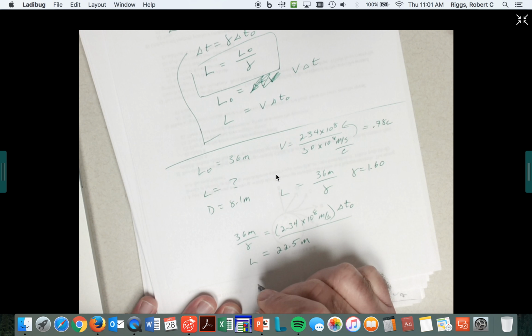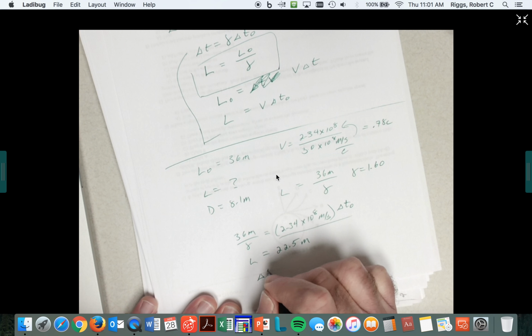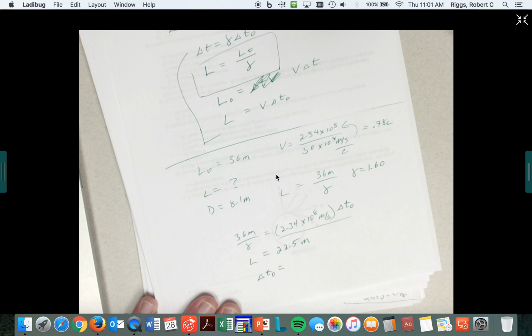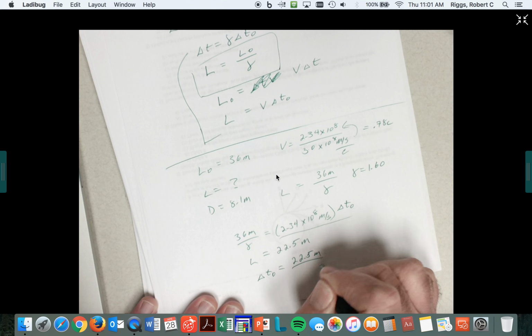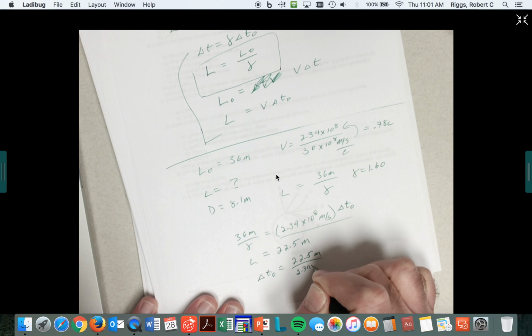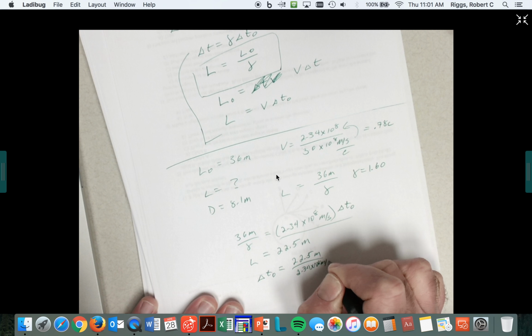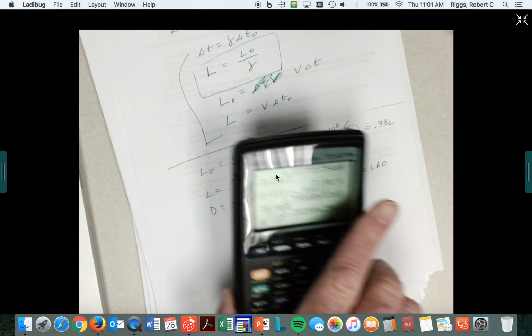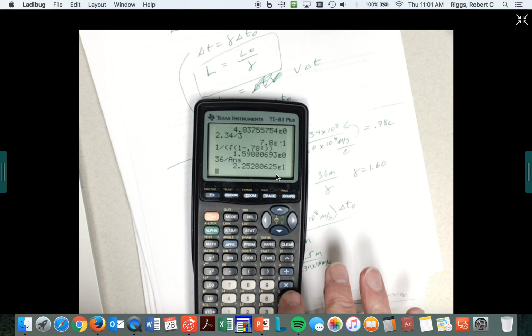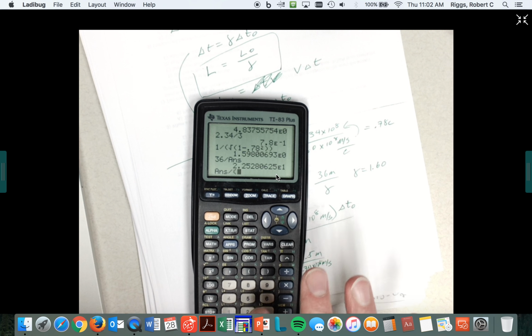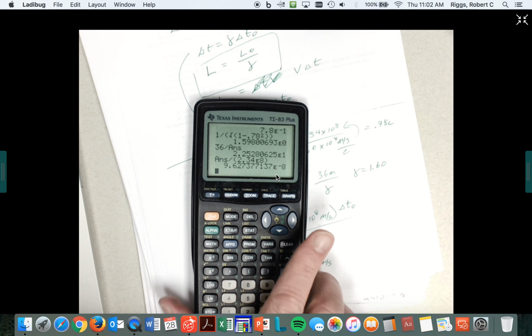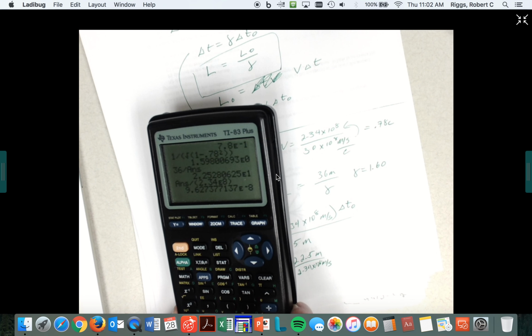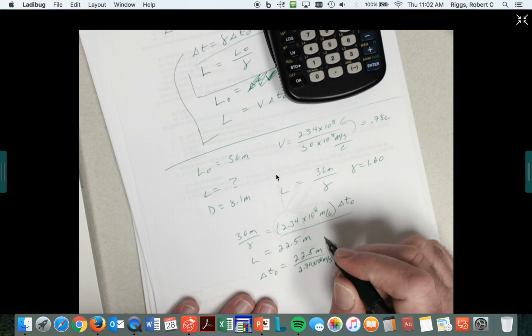Okay, and so delta T naught is equal to 22.5 meters divided by 2.34 times 10 to the 8th meters per second. Woo, 9.6 times 10 to the negative 8 seconds.